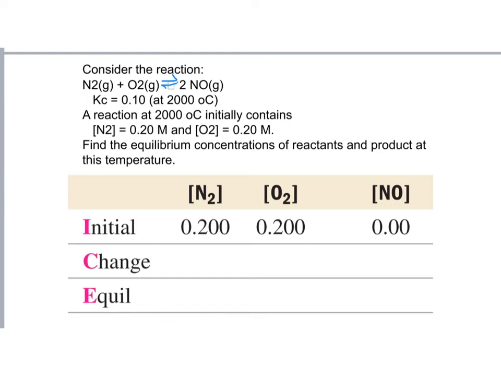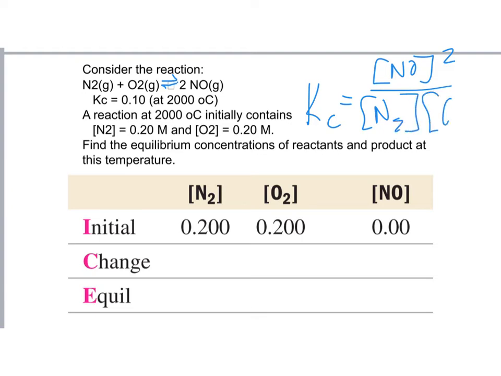And it says find the equilibrium concentrations of reactants and products at this temperature. All right, so we want to set up an ICE table. We also want to look at the Kc, where it's equal to products over reactants. So it's the concentration of NO squared over concentration of N2 times concentration of O2.